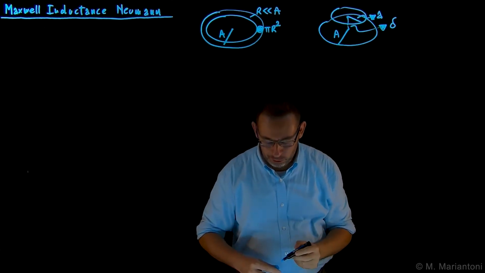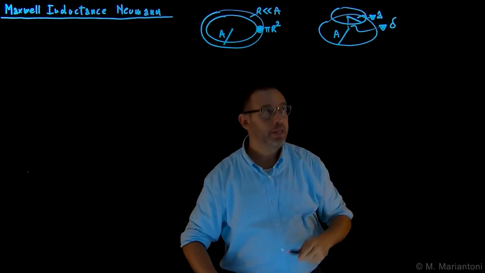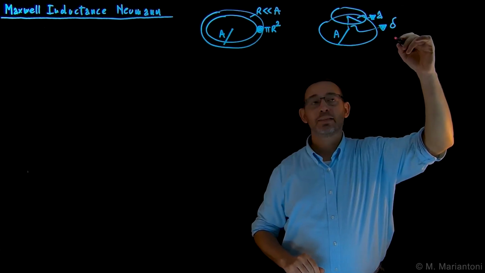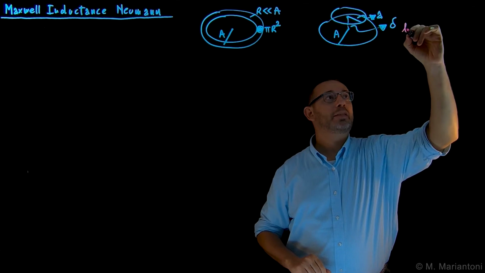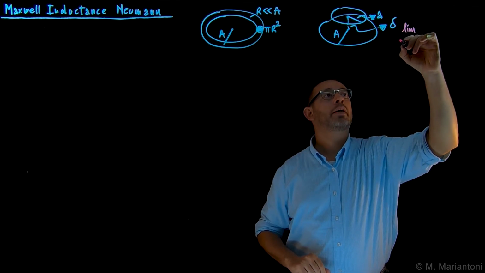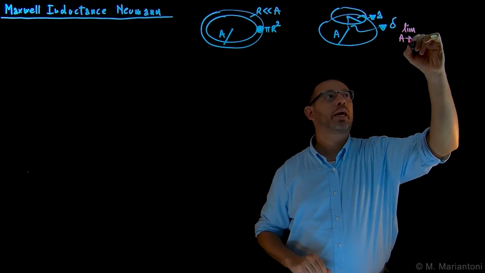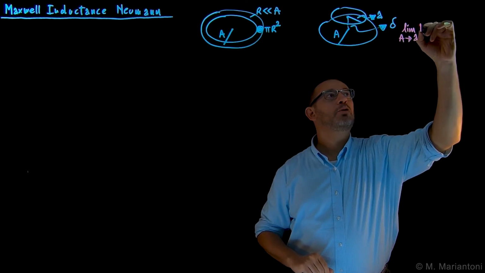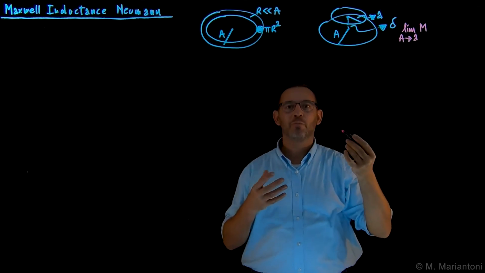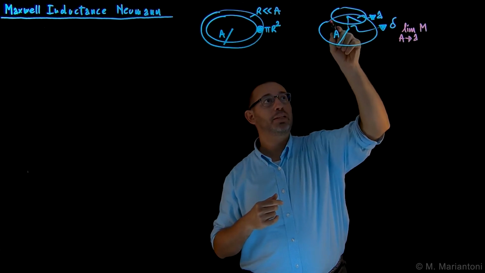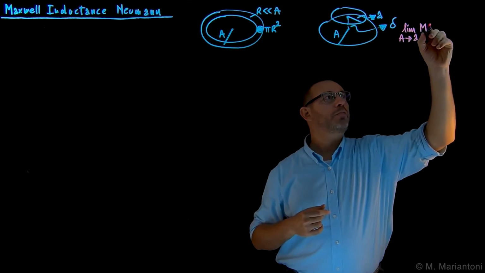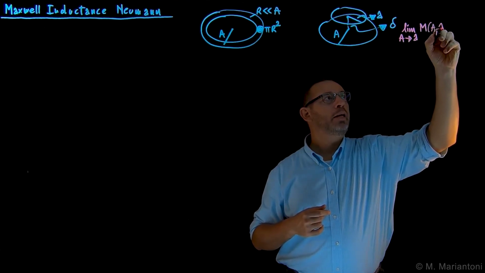Eventually, what we intend to do in this set of problems is to find the self-inductance by means of calculating the limit for capital A that goes to small a of the mutual inductance. In other words, first we find the mutual inductance between the small and large loop, which is a function of capital A and small a.